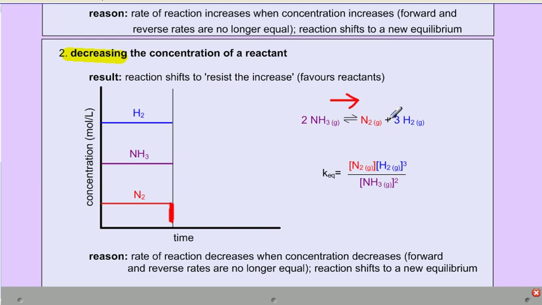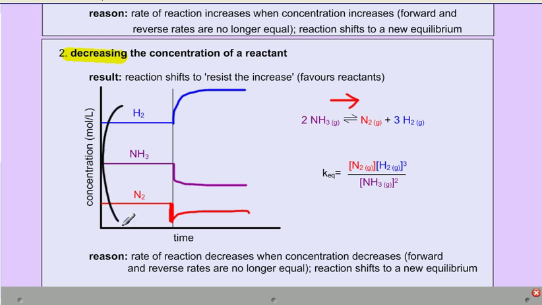And that's because the reverse reaction can't go as fast as the forward reaction, and so we're going to see that shift from left to right. So we're going to replace some of that nitrogen that we removed. Ammonia is going to be used up, so the concentration of ammonia is going to go down. And we're going to see the amount of hydrogen go up since we're shifting from left to right.